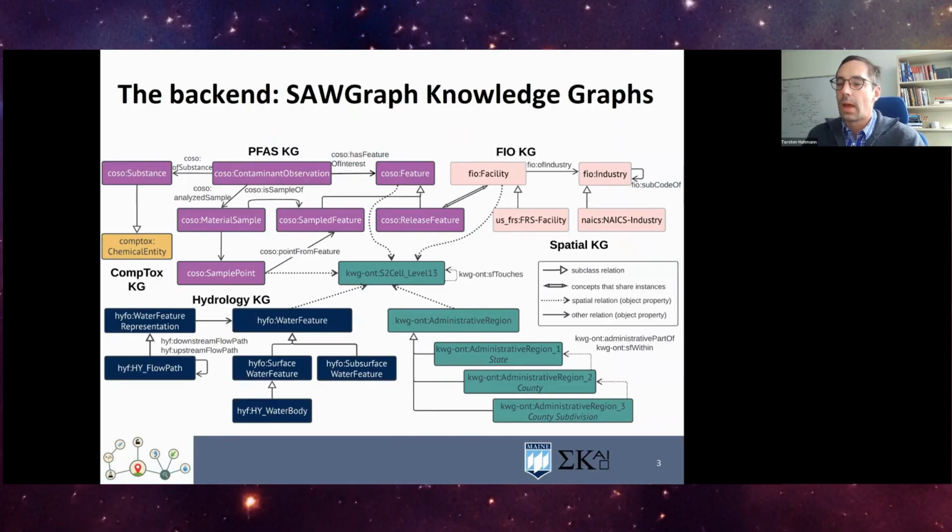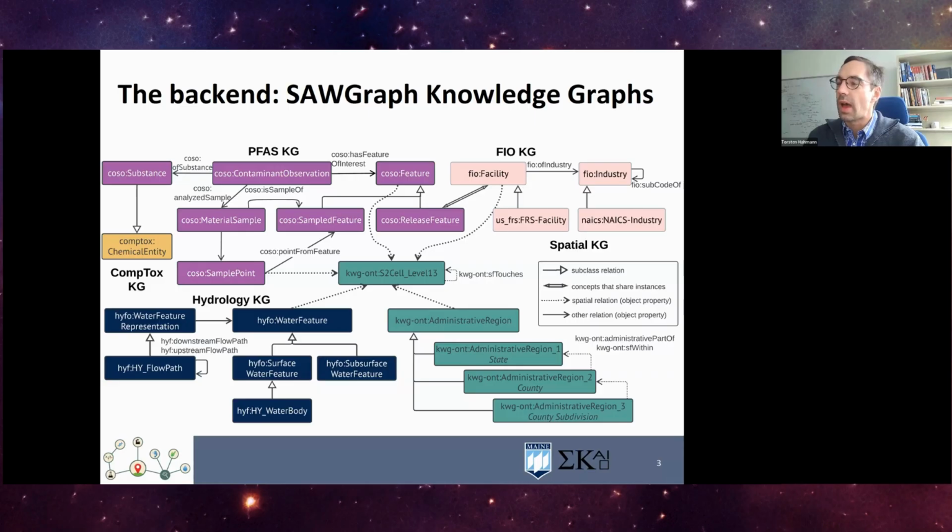So at the back end, SAWGraph consists of 6 interconnected knowledge graphs that organize information about PFAS contamination, but also supporting information about facilities and their industries, hydrological features such as surface water and subsurface water, as well as a spatial graph that connects these features.